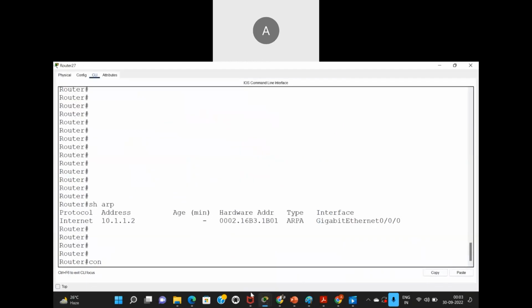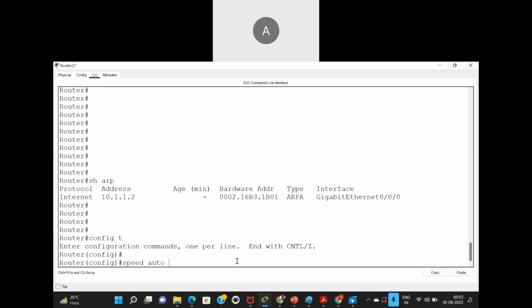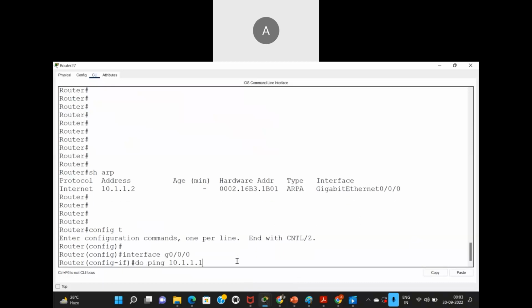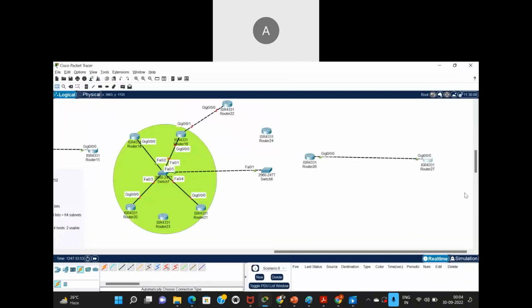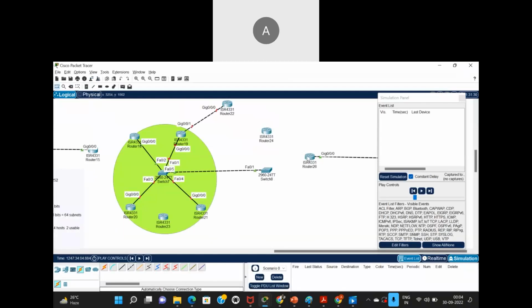So if I change the IP, config t, IP address 10.1.1.3, 255.0.0.0, and I put it in simulation.